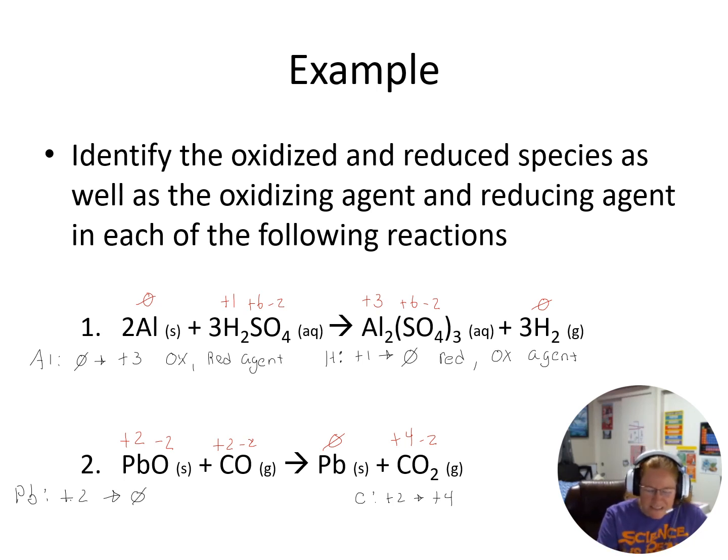Did I get more positive or more negative? I got more negative. So lead was reduced, which means it was the oxidizing agent. Okay, carbon went from +2 to +4. It got more positive, so it's oxidized, and it is the reducing agent.